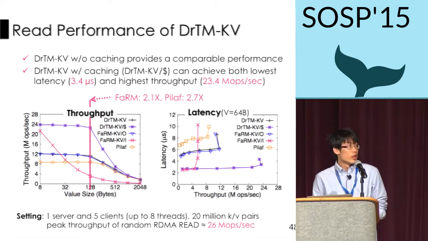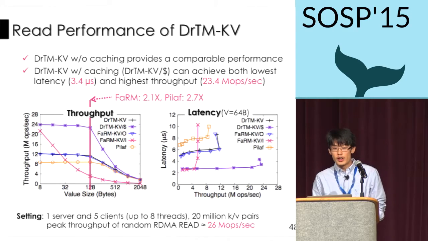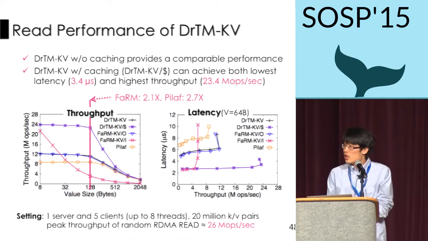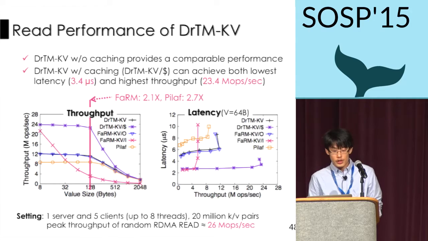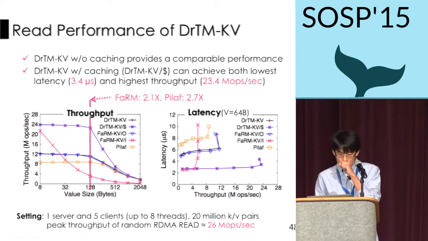Finally, we show that the DrTM key value store with caching can provide comparable performance. In these figures, we show how throughput changes with value sizes and how latency changes with throughput.